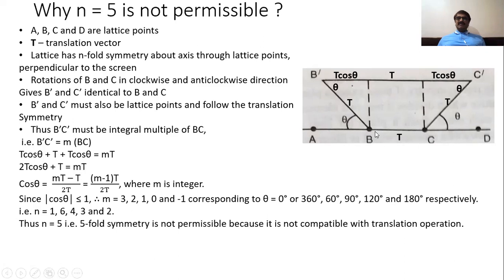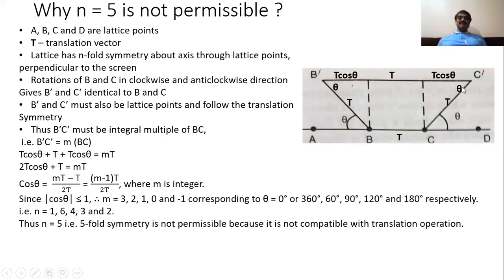Consider the lattice points B and C. If we rotate lattice point B in the anti-clockwise direction and lattice point C in the clockwise direction, we obtain the symmetrical lattice points B prime and C prime.